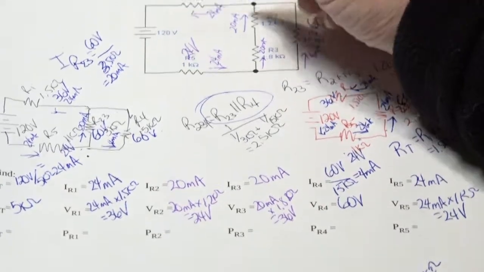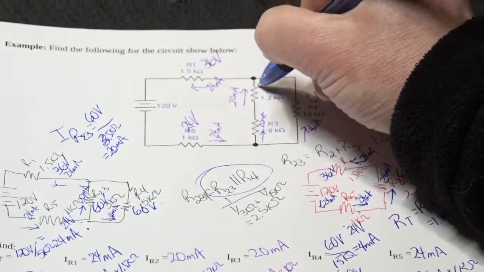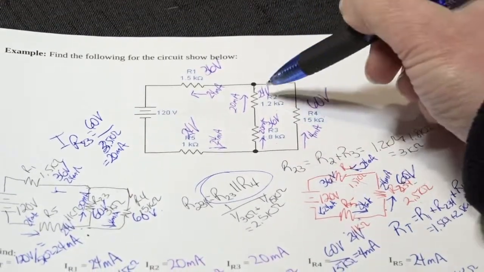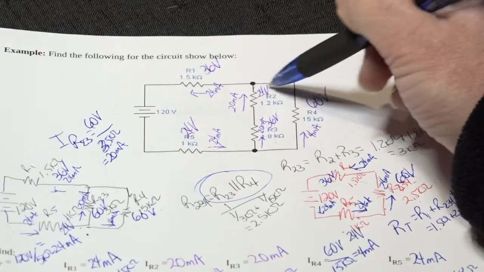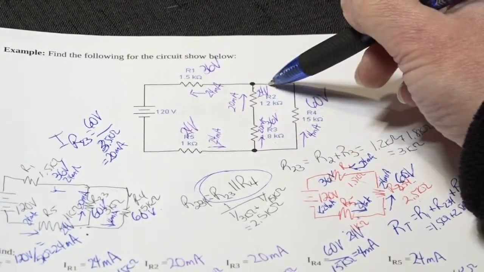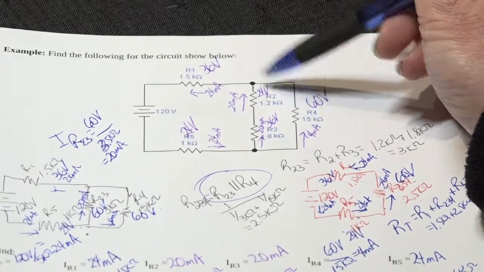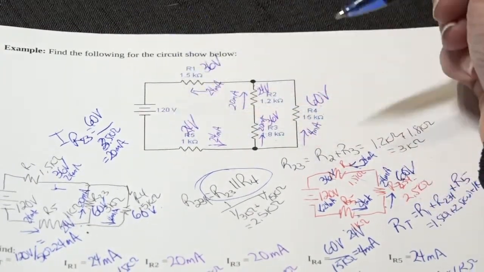Note that if we say this one is 24 volts here, and this one's 36 volts here, 24 plus 36 add up to 60, right? That's one closed path. And that 24 plus 36 plus 24 plus 36 all add up to 120.